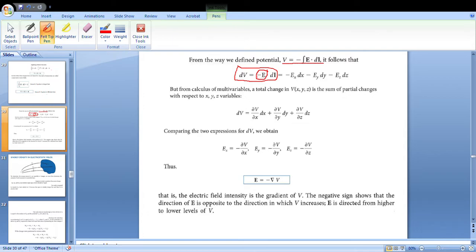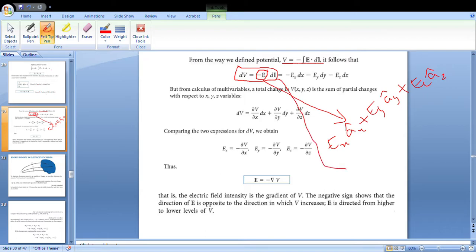So this E vector will be, how do we write this? Ex Ax cap plus Ey Ay cap plus Ez Az cap, right? This is how we write the equation for E. Now how do we write the equation for dl? dl vector is equal to dx Ax cap plus dy Ay cap plus dz Az cap from the Cartesian coordinate system.